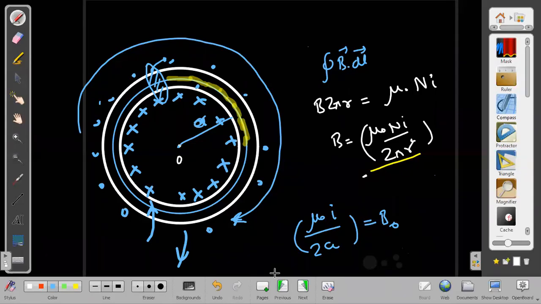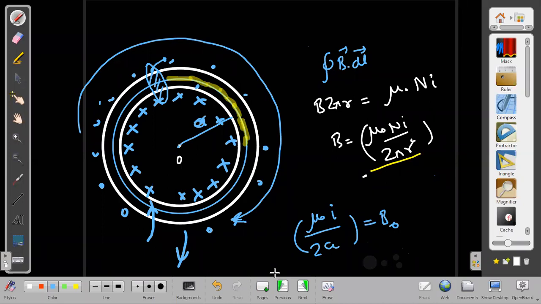This field is negligible as compared to the field inside the toroid. So sometimes we don't consider the field outside the toroid. Outside the toroid, we assume the field to be 0, but it is not 0. Obviously, it is not 0 even at the center, and it will not be 0 in other places also. But yes, it becomes very small. Inside the toroid, it is capital N times that, and N is a very large number.